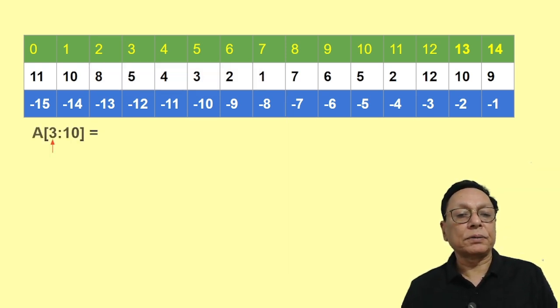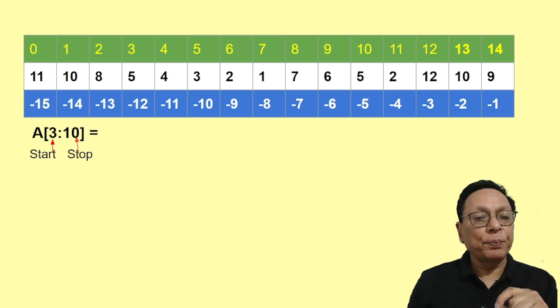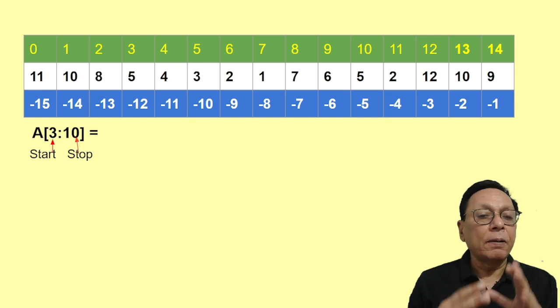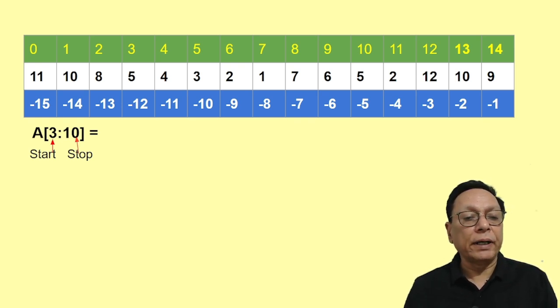Now next, look at this slice 3 to 10, meaning +3 to 10. What about the step? There is no step. When the step is omitted, it means the step is +1. So 3 to 10 means you move 3, 4, 5, 6, 7, 8, 9, and 10 is excluded here.